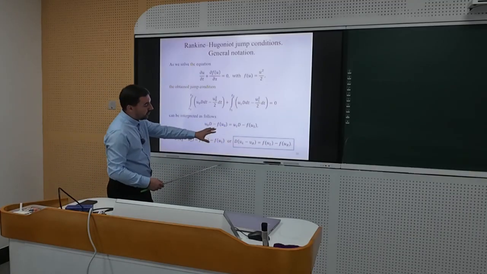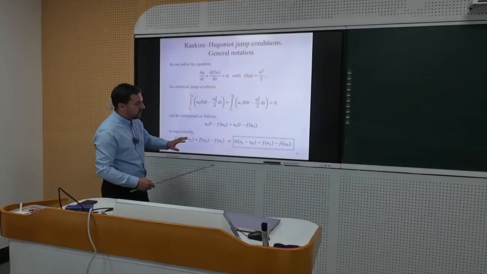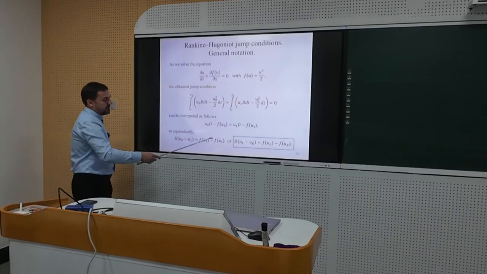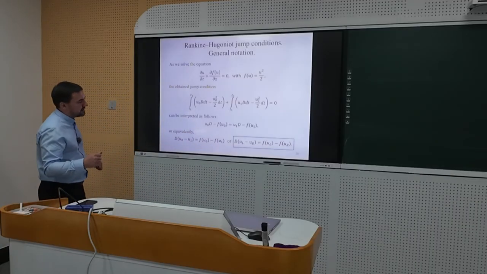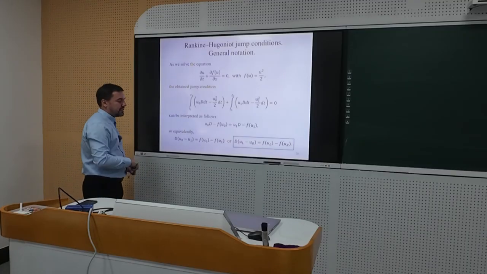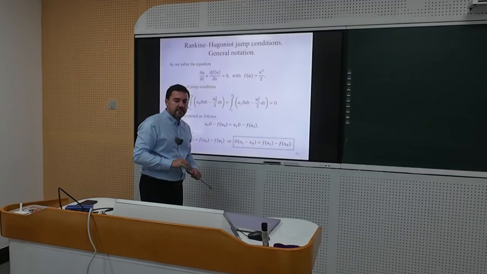These Rankine-Hugoniot jump conditions are also valid for Euler equations. That is why I also presented this formula, because we will meet it several times later.